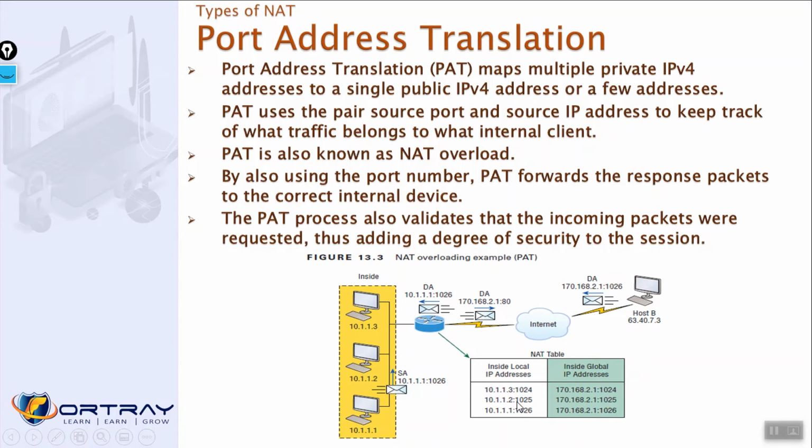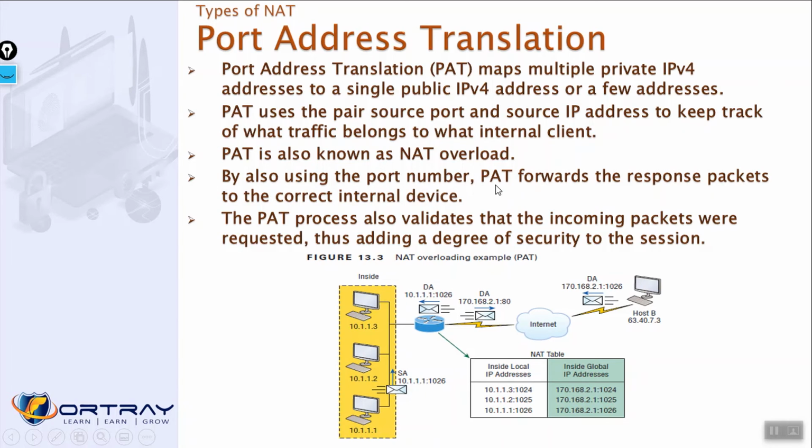The private IP addresses are many, but the public IP address is just one. So how are the addresses unique? The IP address is the same, but the port is different. The internal ports are dynamically assigned. Every time you go outside, there is one public IP, but the ports are different all the time. That is also known as NAT overload.